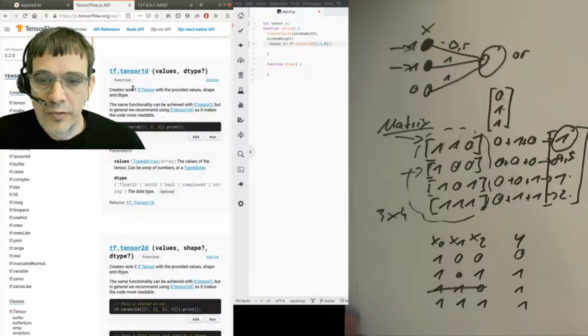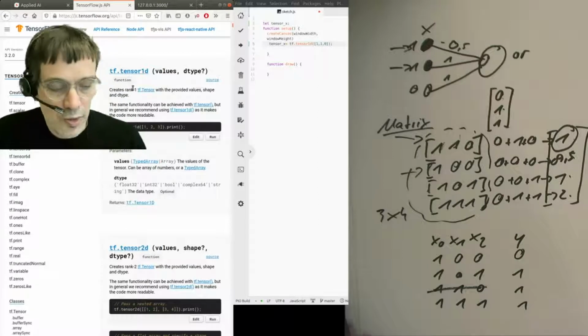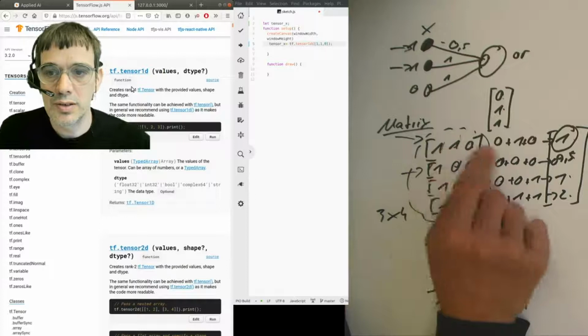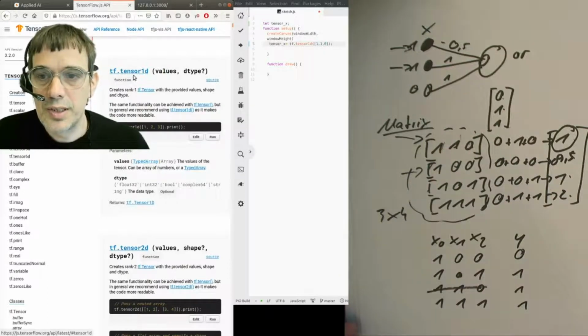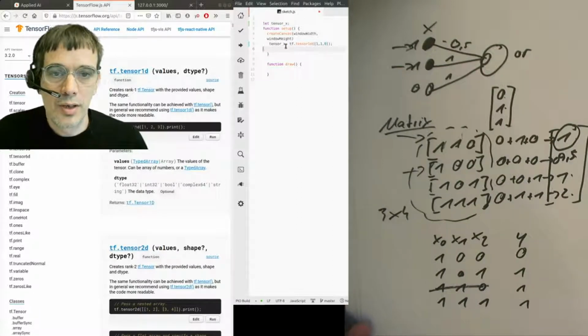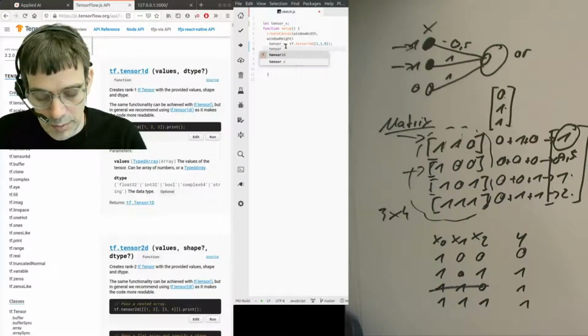You can fix the size in the declaration. As I know that I will only define this one-dimensional structure, I'm using this TF tensor 1D initialization. And on such a tensor, you can then always call the function print.